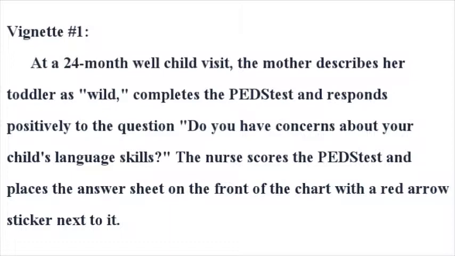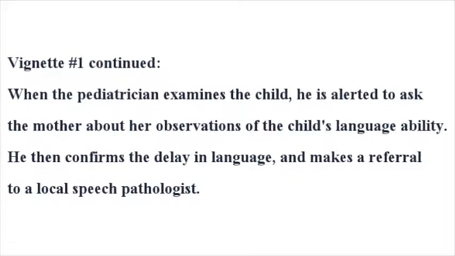The nurse scores the PEDS test and places the answer sheet on the front of the chart with a red arrow sticker next to it. When the pediatrician examines the child, he is alerted to ask the mother about her observations of the child's language ability. He then confirms the delay in language and makes a referral to a local speech pathologist.